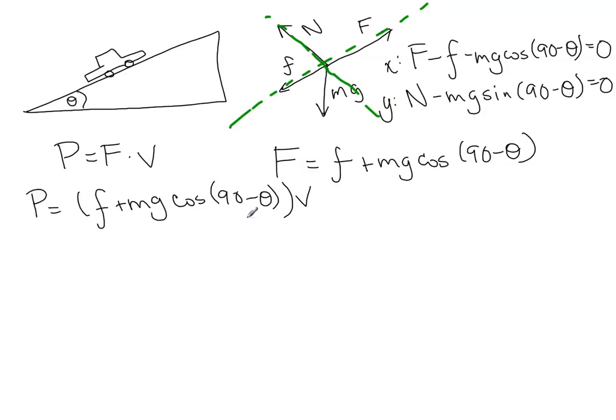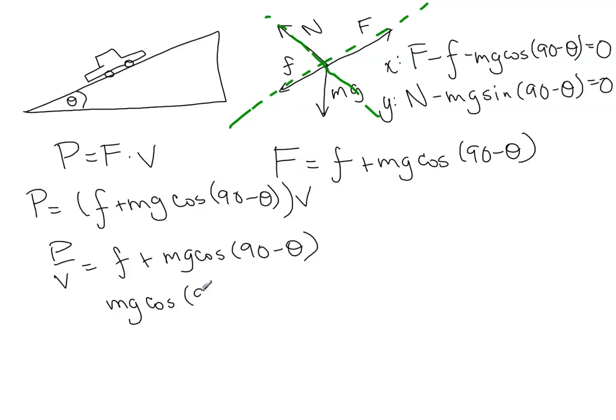If I divide both sides by v, I get P over v is equal to F plus mg cosine(90 minus theta). Rearrange a little bit more, I find out that mg cosine(90 minus theta) is equal to P over v minus F. I don't care that that's ugly because I know all those numbers.